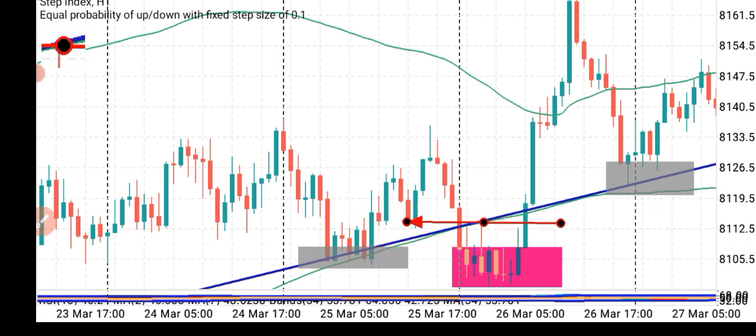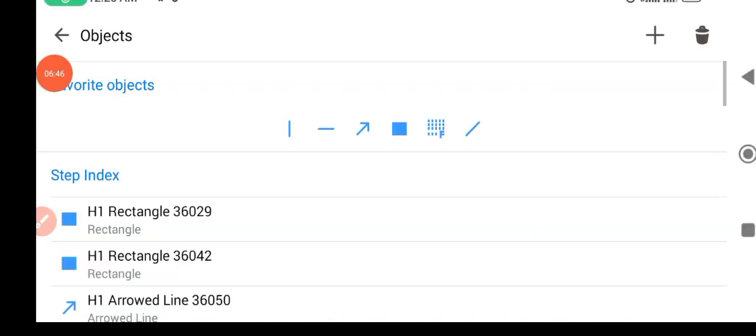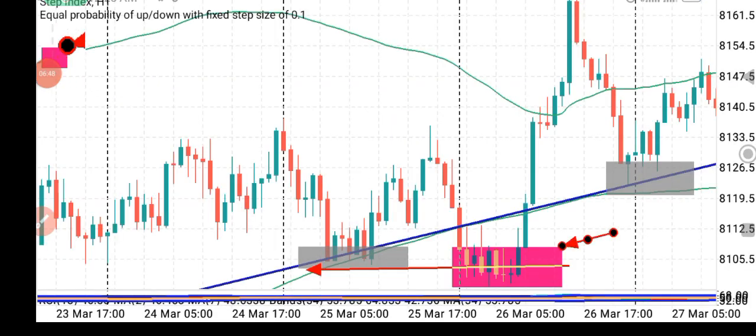People buy, and their stop loss is at this low, outside the trend line. That is where their stop losses are. This is their stop loss, and this is their entry. And then look at what happened. This fake out will come, remove them.